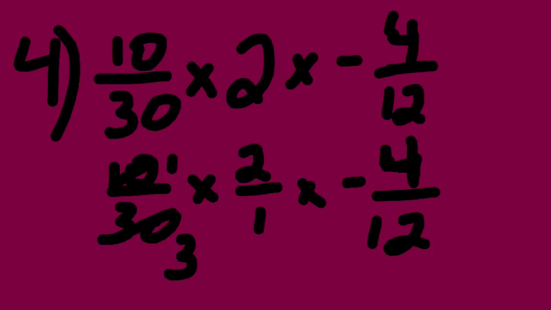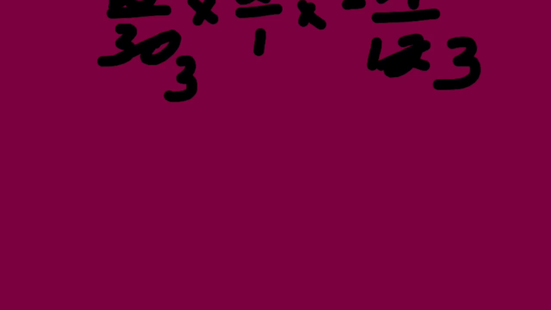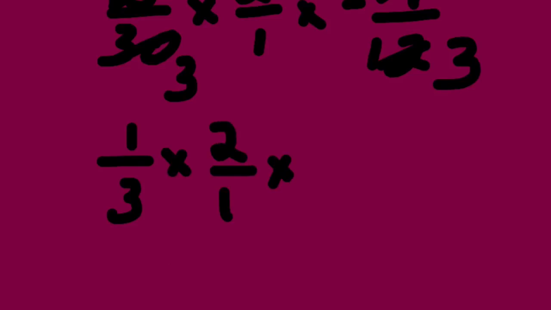But over here, let's say we do recognize that 4 and 12 are multiples of 4. So then you do 4 divided by 4, which is 1, and you do 12 divided by 4, which is 3. So we get 1 over 3 times 2 over 1 times, don't forget the negative, negative 1 over 3.